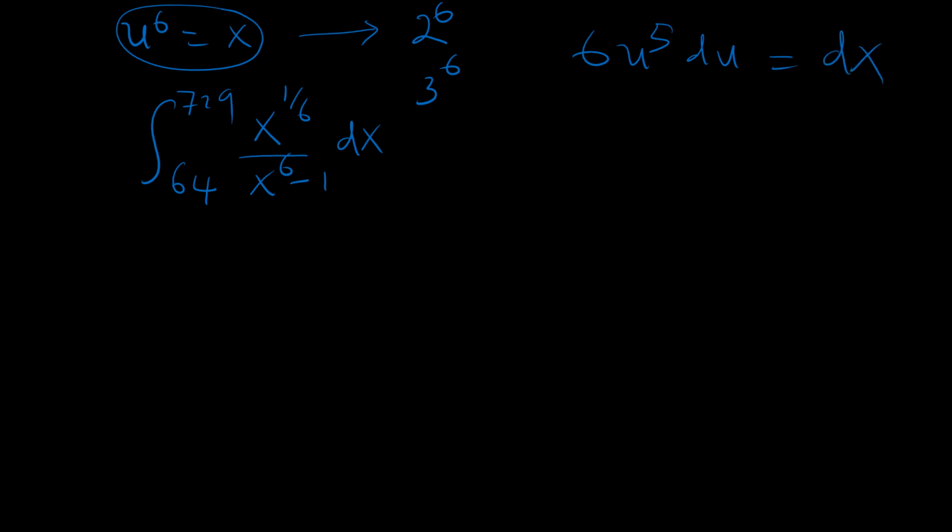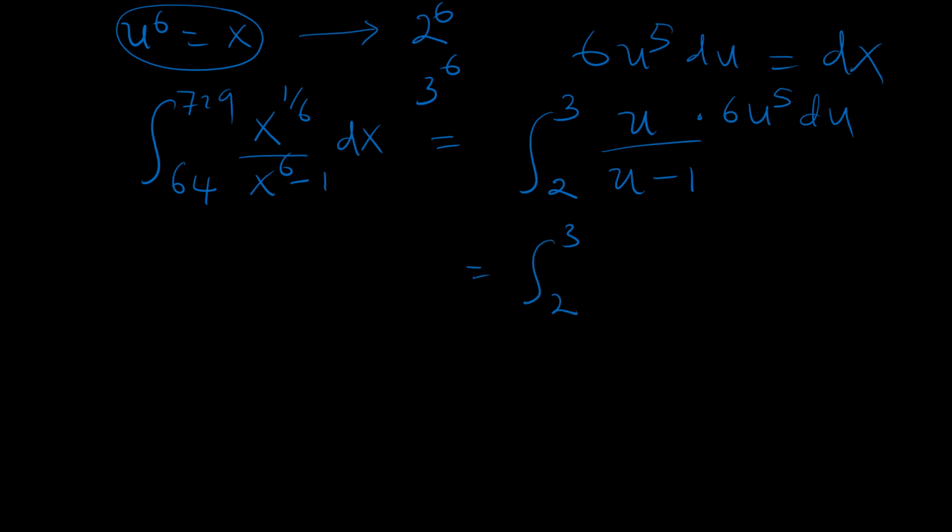So now we have 2 and 3, and u over u minus 1 dx is 6u to the power 5 du, which is the integral from 2 to 3 of 6u to the power 6 over u minus 1 du.